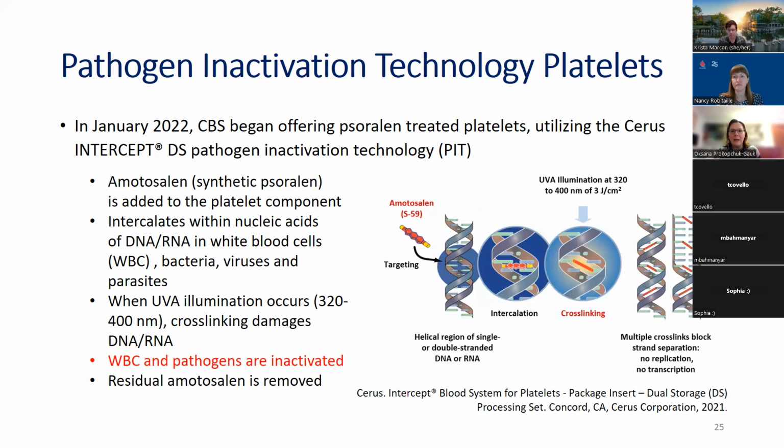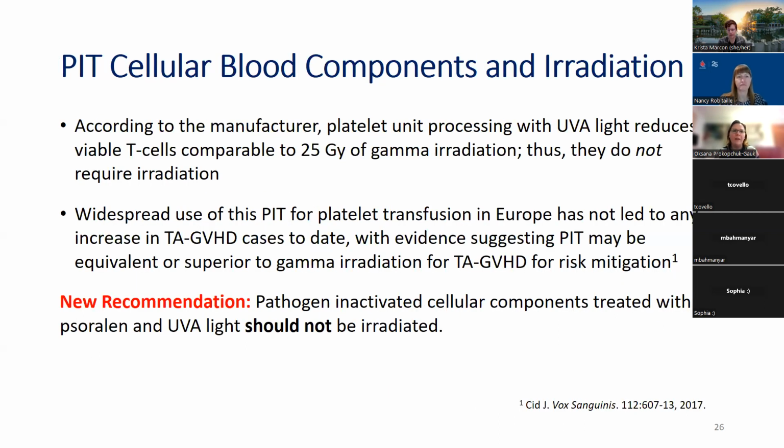So this psoralen treatment, UVA light, process by the INTERCEPT system is currently only applied to platelets. This same system cannot be applied to pathogen inactivation of red cells due to compromise of the red cells otherwise. So the pathogen inactivated technology platelets are currently available through CBS. To my understanding, Hema-Quebec has not embarked on releasing pathogen inactivated blood components yet at this time.